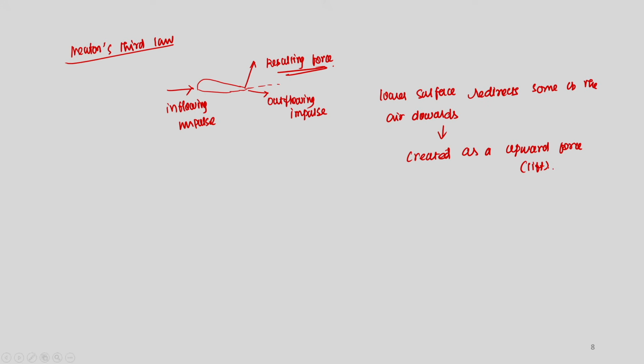If you ask why the upper surface is not also contributing to lift, yes, of course, it is also responsible for directing some of the air downwards. Totally, the opposite force is created upward, which is called lift.